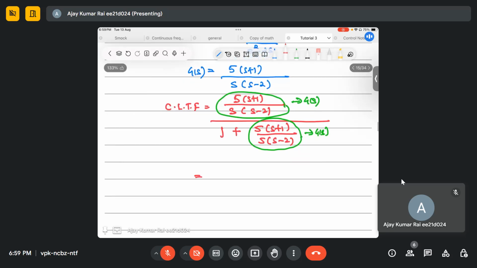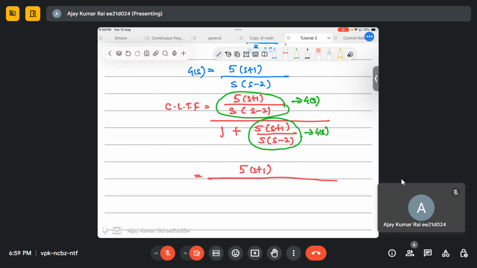Okay, so if you simplify this, we get s minus 2 plus 5 into s plus 1.